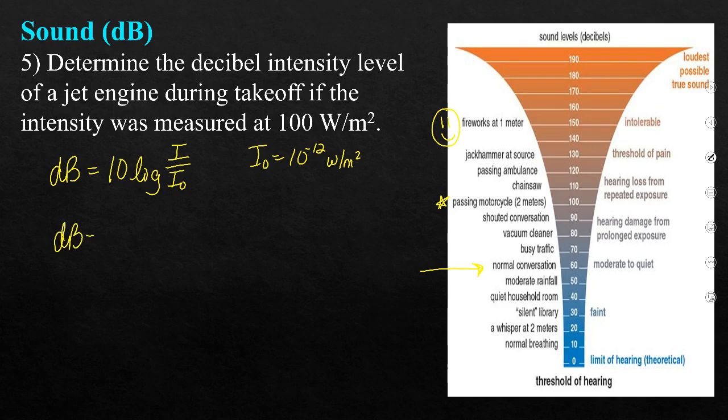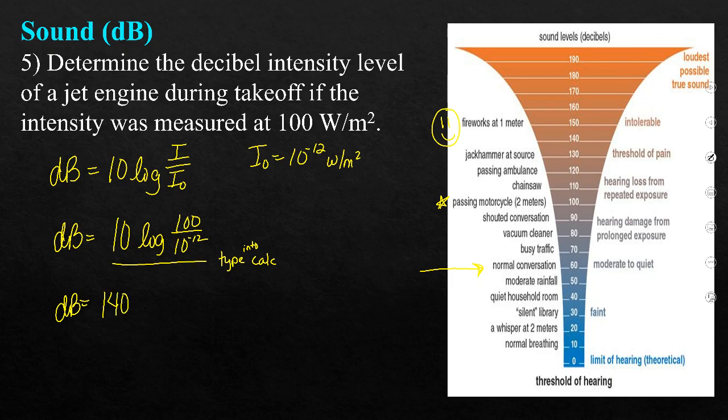The decibels, dB, equals 10 times log of 100 over 10 to the power of negative 12. You can straight up type that into your calculator and get the answer. The decibel level should be about 140 for the jet when you type all that in. And so that's just under fireworks, not much quieter.